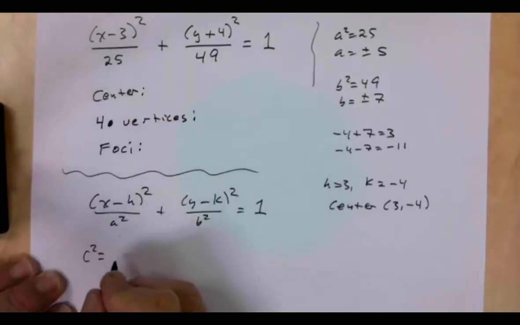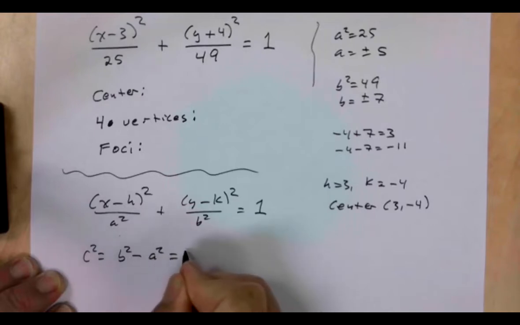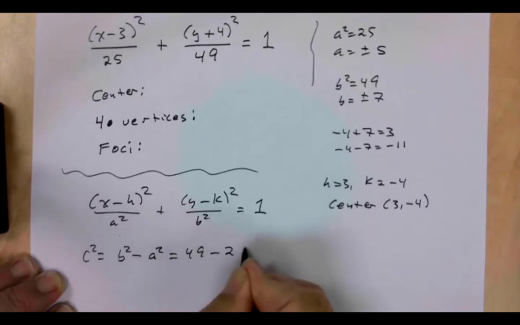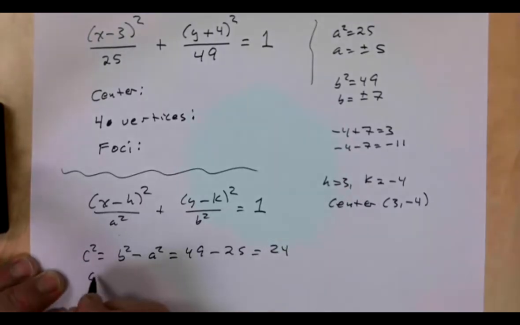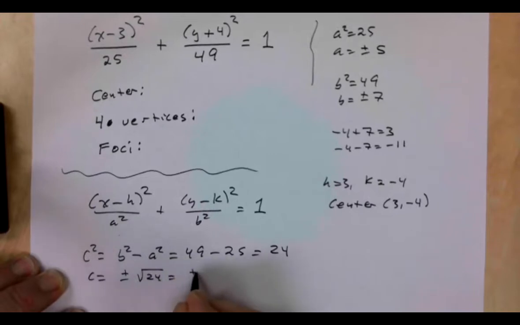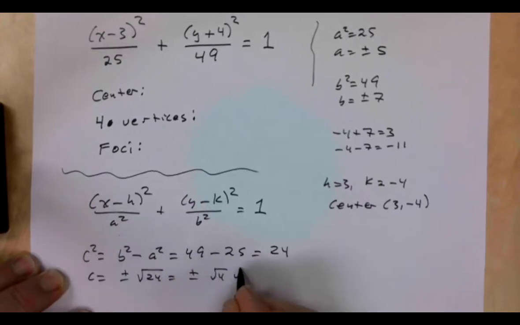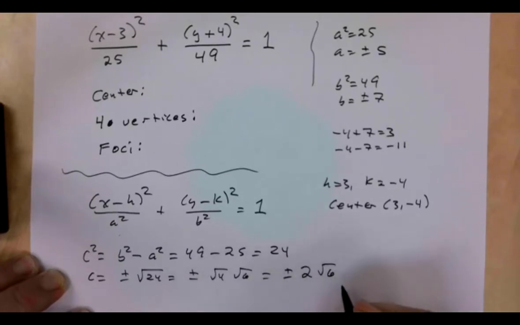So this time I'll call it b squared minus a squared because b squared is bigger. So 49 minus 25, which is 24. So c is plus or minus the square root of 24, which is plus or minus root 4 root 6, which is plus or minus 2 times the square root of 6.